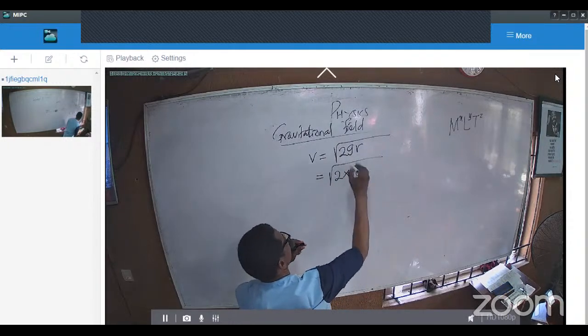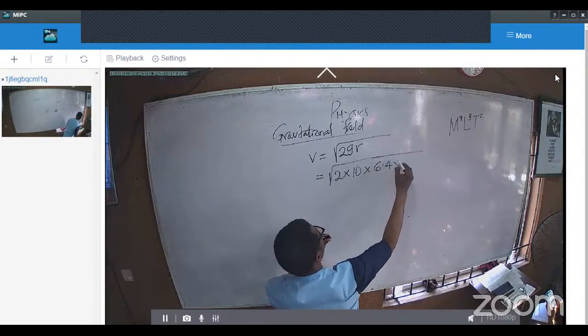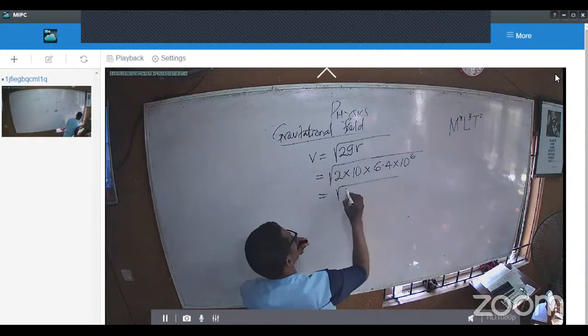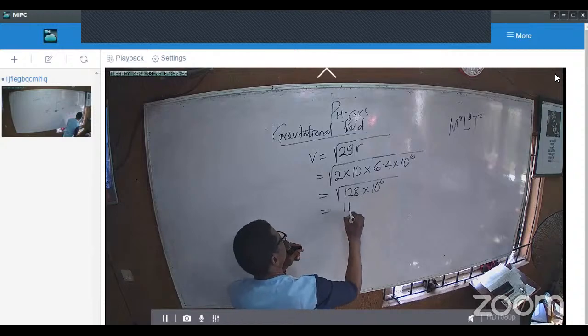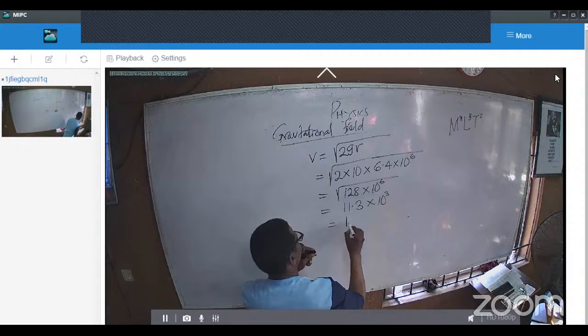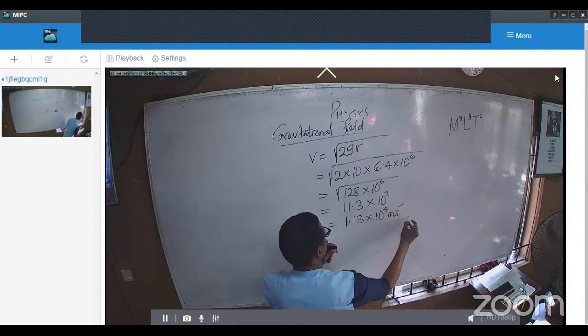The radius of the Earth is 6.4 times 10 power 6. So this gives us 128 times 10 power 6. The square root of 128 is 11.3 times 10 power 3, or 1.13 times 10 power 4. It's a constant value. It comes every time, so just pick it and smile.